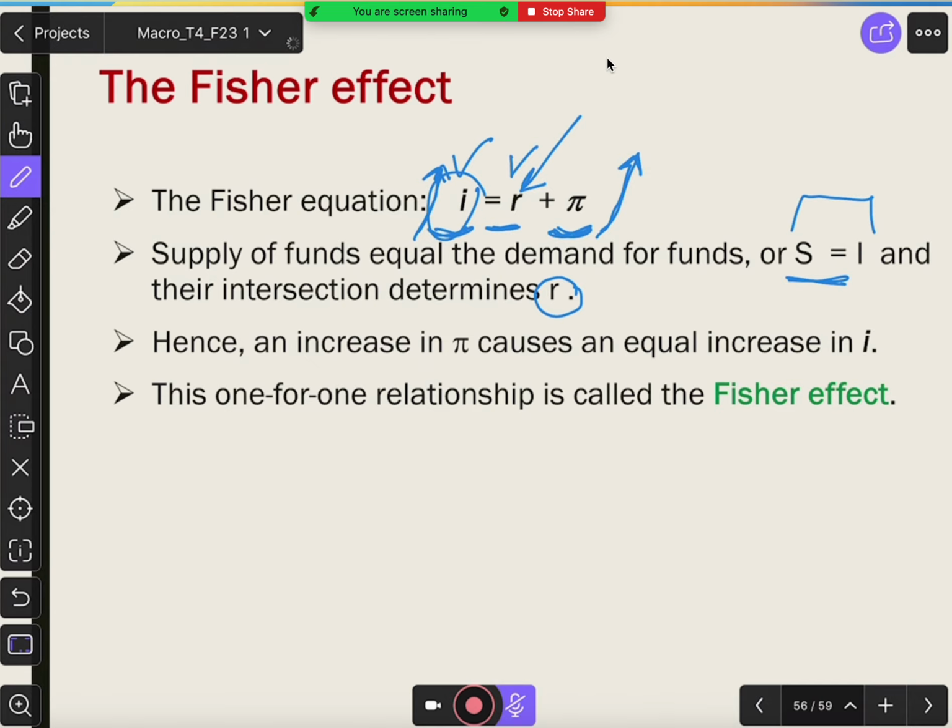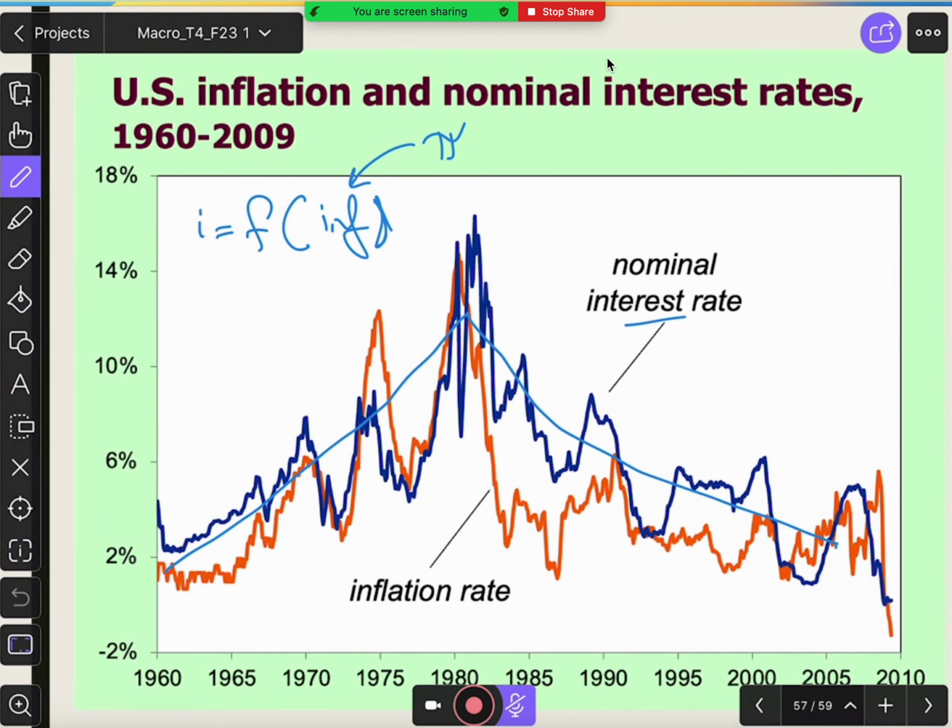What is announced in the news, or what you read in the newspapers, or what the Fed is referring to, is the nominal interest rate. So the nominal interest rate is always following the situation in prices or inflation. Again, the data is matching what the Fisher effect is predicting.